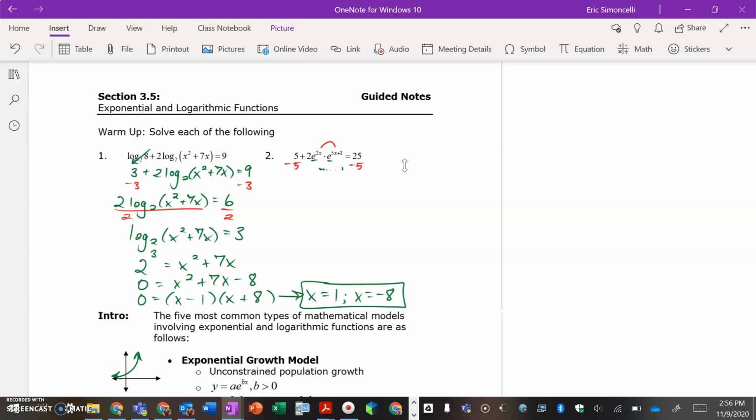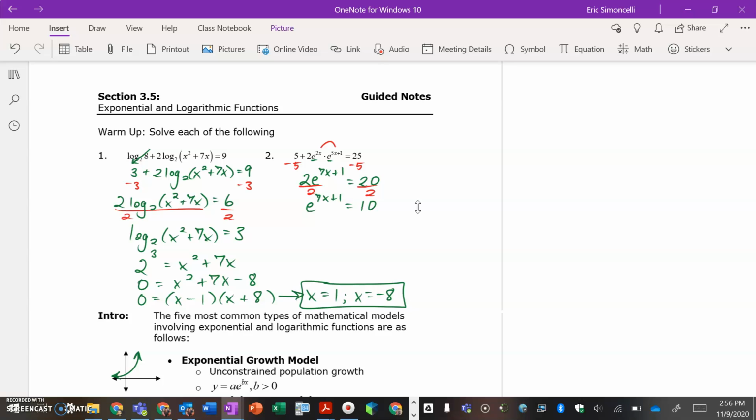Adding your exponents, 2e to the 7x plus 1, since 2x plus 5x plus 1 is 7x plus 1, and that equals 20. Divide both sides by 2, and we end up with e to the 7x plus 1 equals 10.